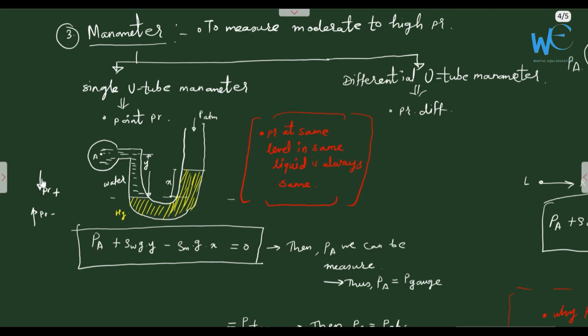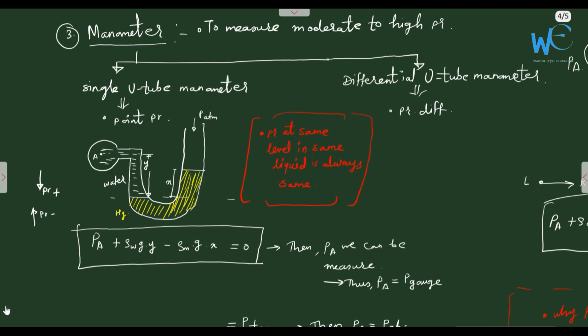Just remember, if we are going downwards, we use a positive sign, and if we are going upwards, we consider it a negative sign. Starting from point A, with pressure at A, we come to the manometric liquid's upper surface. Above that there is a height, which is y.